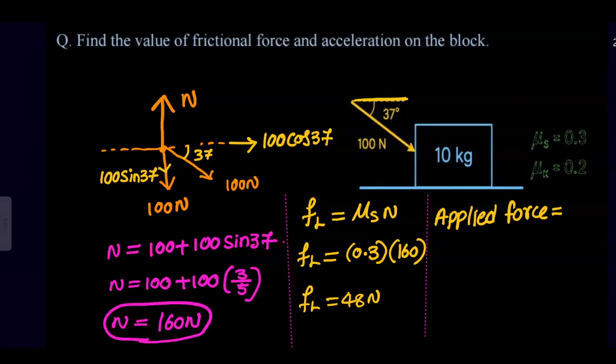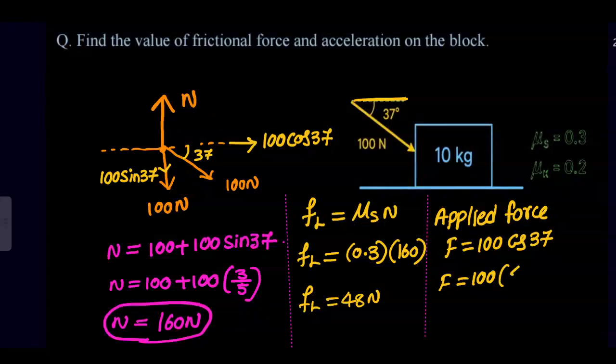So the applied force is equal to 100 into cos 37, na? Yes, cos 37 value is 4 by 5. So that means the value is 80 newtons. Now you tell me which is greater? The applied force is greater than the limiting friction.